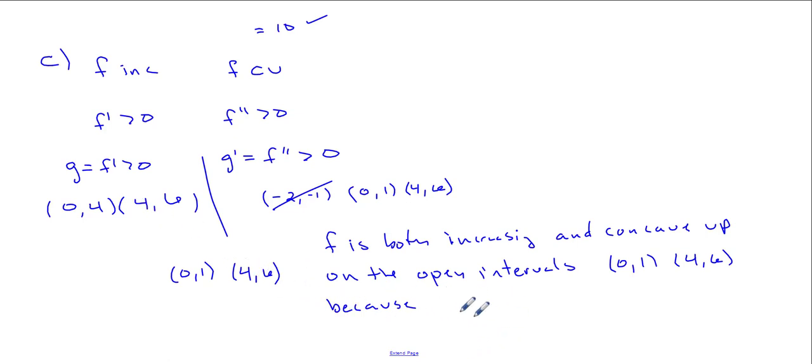What I was looking for. G, which equals F prime, is greater than 0, and G prime, which equals F double prime, was greater than 0. Done.